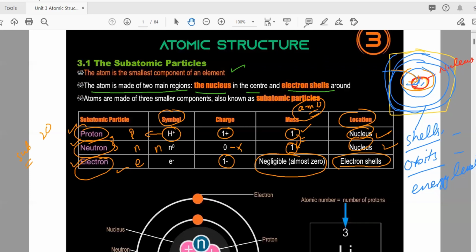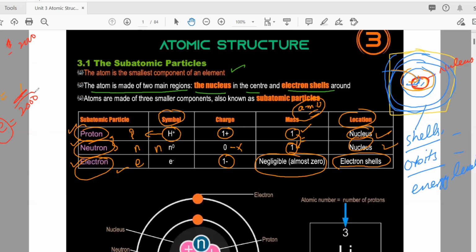If you compare, for example, the mass of proton is 1, and for the electron, if you divide the mass of proton into 2000 parts, one of those parts will be equal to the mass of the electron.